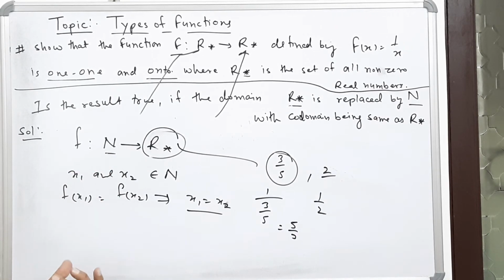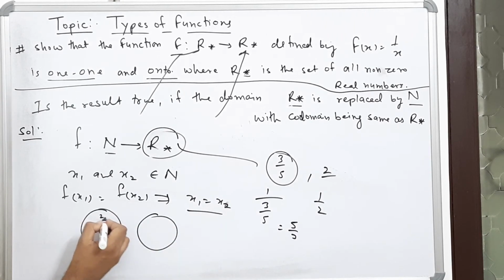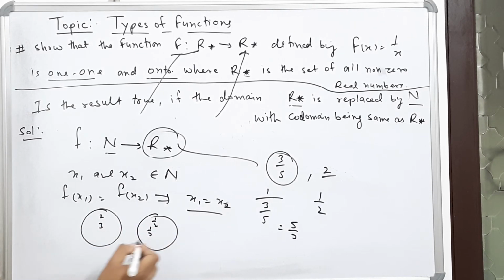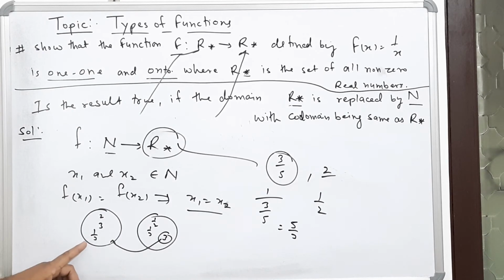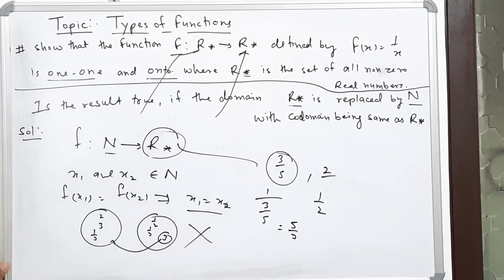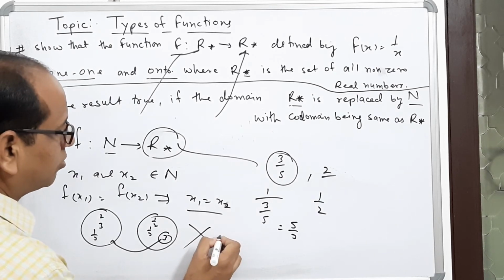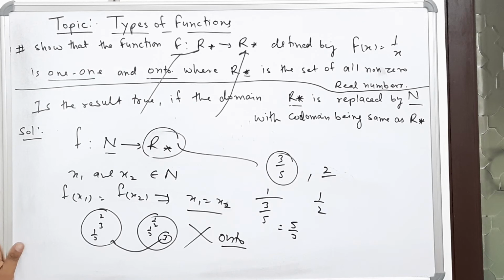So you will find that in the second set, there will be many such elements. Like if I take 3 here, it will have the pre-image 1/3, and 1/3 does not belong to the natural numbers. So it is not an onto function. It is an into function.